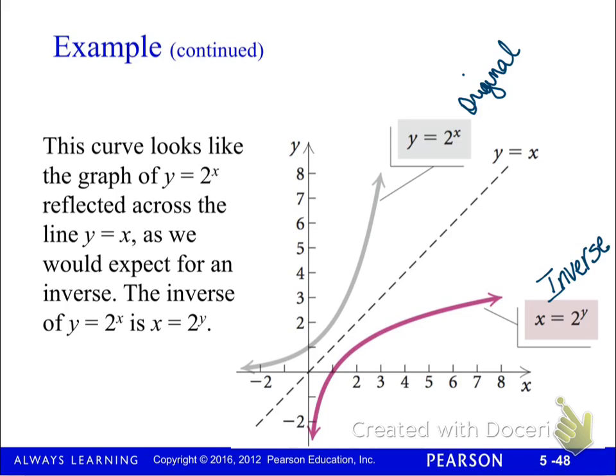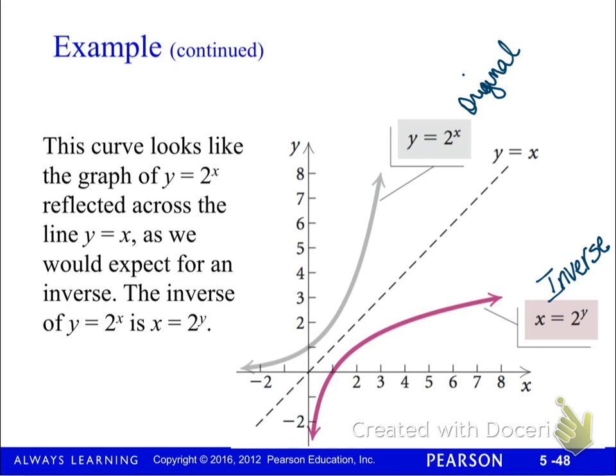Now, we do not know how to solve for y in this situation, okay? Because we haven't been given the tools to do that yet. And the reason that I like for us to look at that is so that we can understand why we need logs. So my gray graph right here is my original function, and it's y equals 2 to the x. So that means that I am raising 2 to different powers. That's my variable.